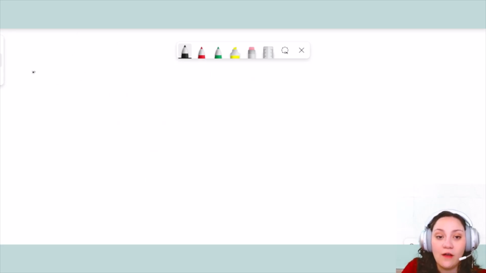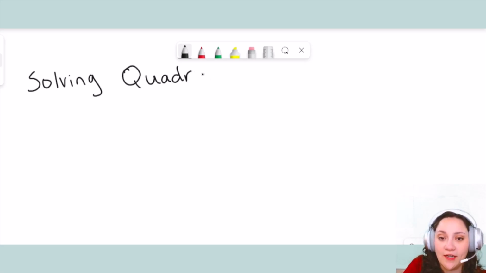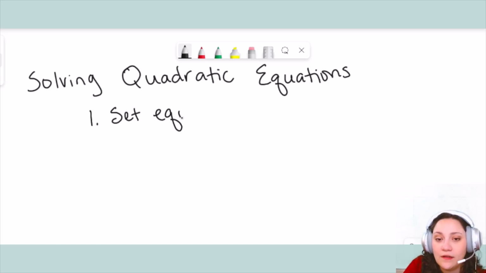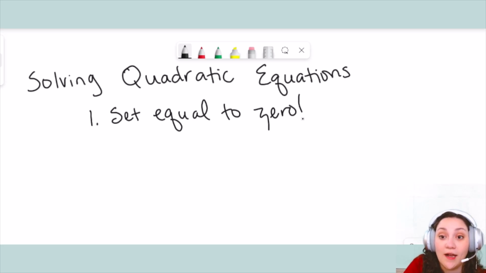So when we are solving quadratic functions or quadratic equations, we have a few important steps. The first one is the most important, and this is set it equal to 0, if it's not already.